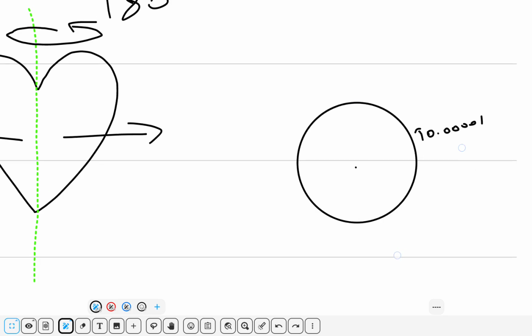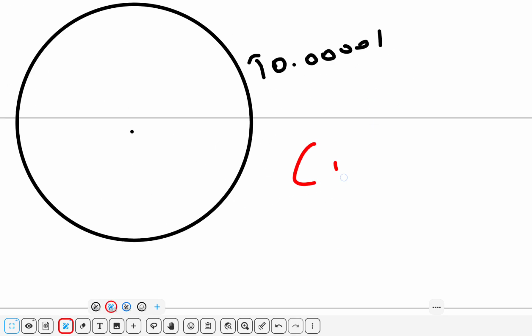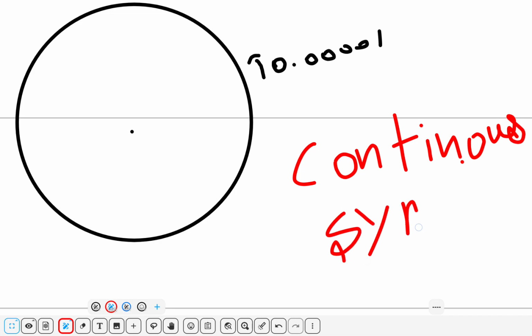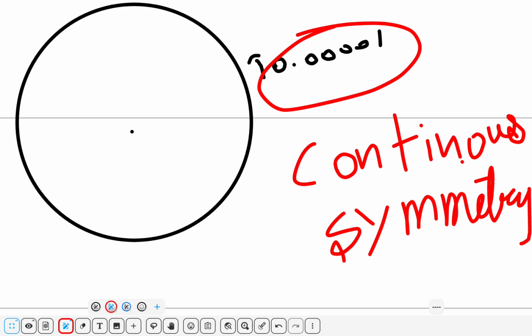So I call this a continuous symmetry. It doesn't matter how tiny or how big, if I orient it, it still stays the same.